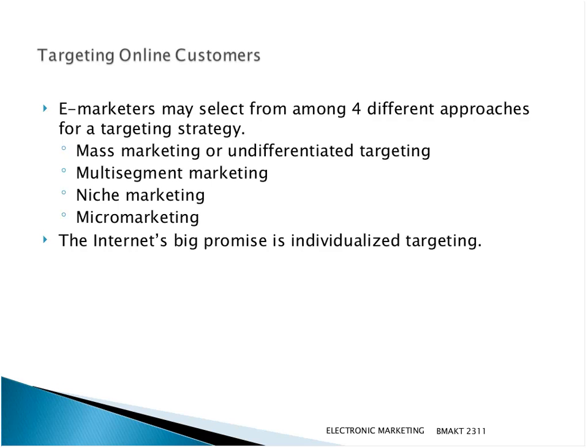The internet's big promise is individualized targeting. Actually, the main benefit of the internet as a new medium to add more competitiveness to the whole marketing practice is the interaction that you can have with your customer, and nothing else can give you this.